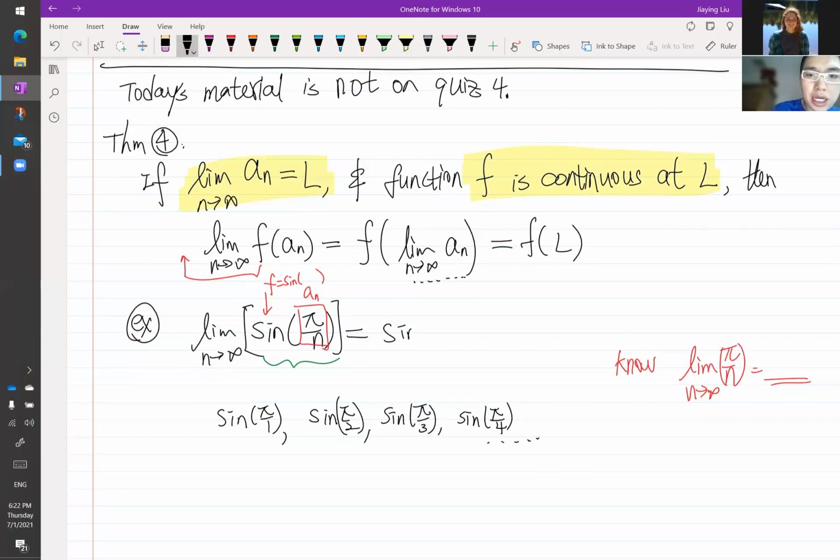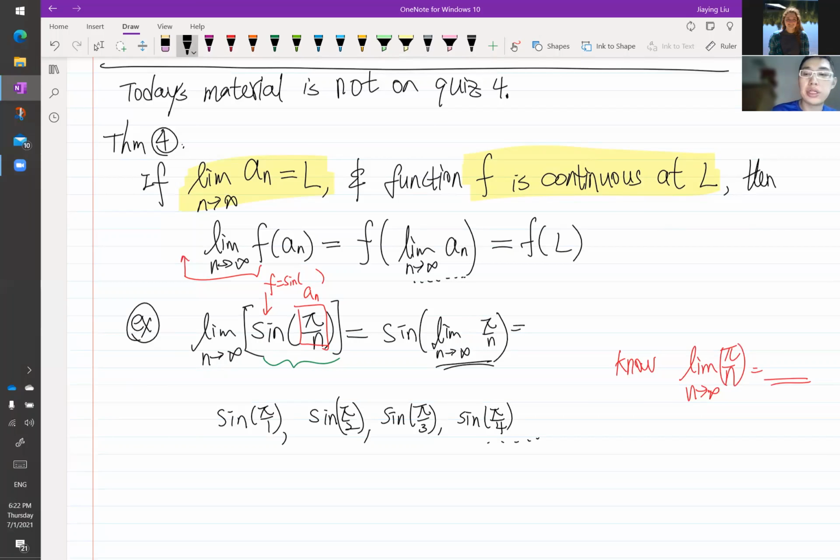So that becomes sine of, with the limit inside, the limit as n goes to infinity of pi over n. So we can figure out this limit first, and then take the sine of that limit. It might be a lot easier than focusing on the whole sequence sine of something.